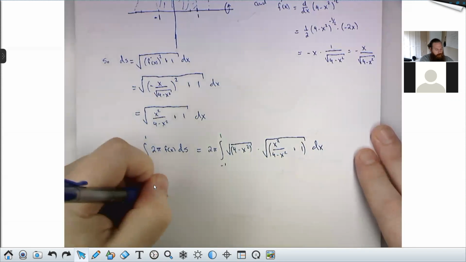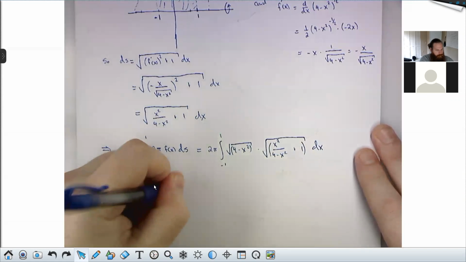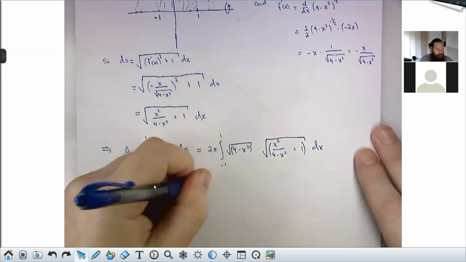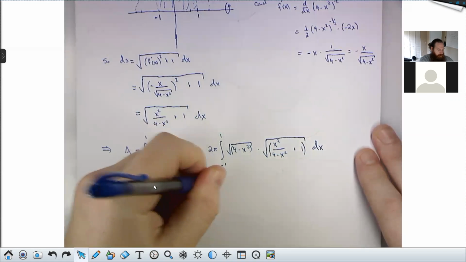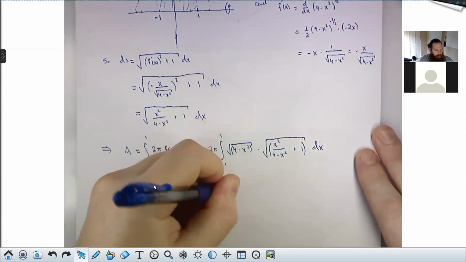So I'm going to have one big square root. Inside that big square root, I'll have 4 minus x squared times (x squared over 4 minus x squared plus 1).